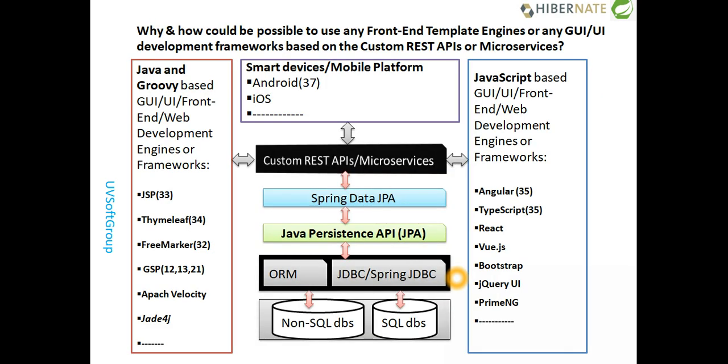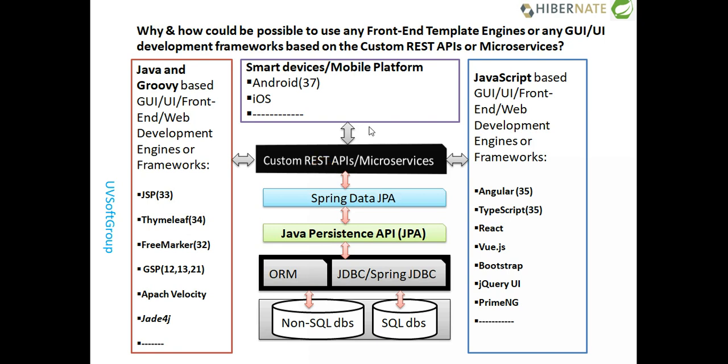So this is one of the main diagrams that I mentioned. You have the underlying databases, and then you have an ORM that I will try to discuss with you today. On top of this ORM there is JPA, and on top of JPA there is Spring Boot JPA, and then you expose or publish all your endpoints or REST APIs.